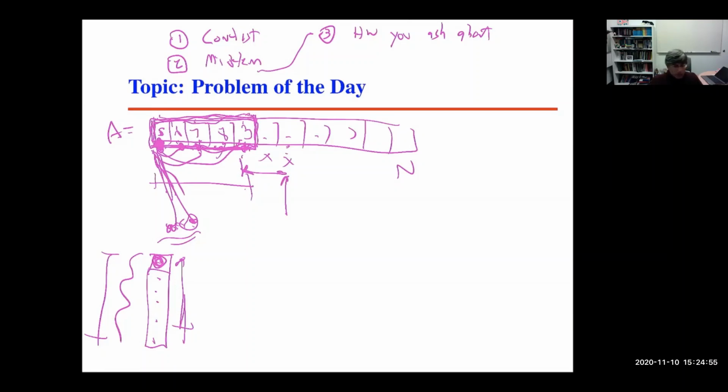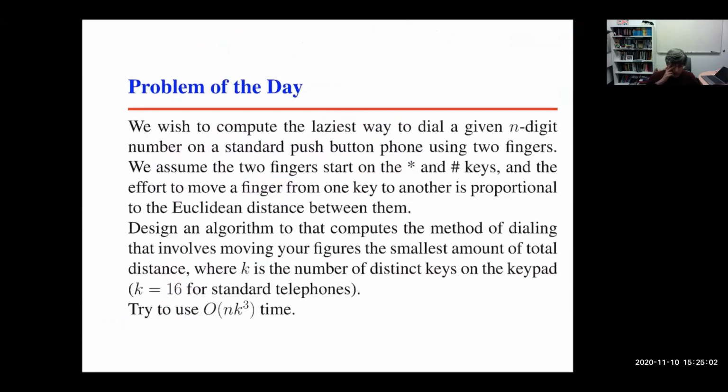The next thing I'd like to talk about quickly is the problem of the day, which is getting back to dynamic programming. It has to do with dialing a phone in an efficient way. You have a phone number you want to dial, 2, 3, 5, 7, 6, 8, 6, 9.